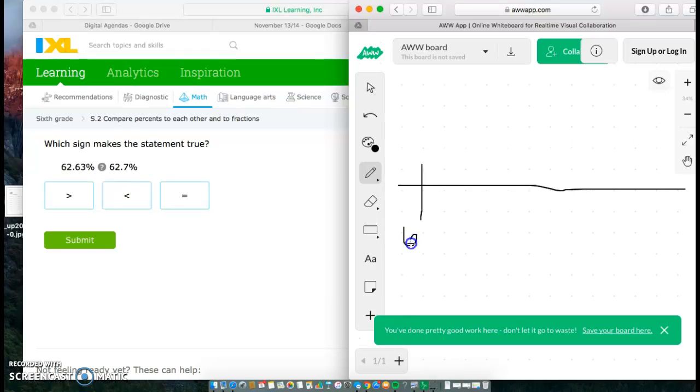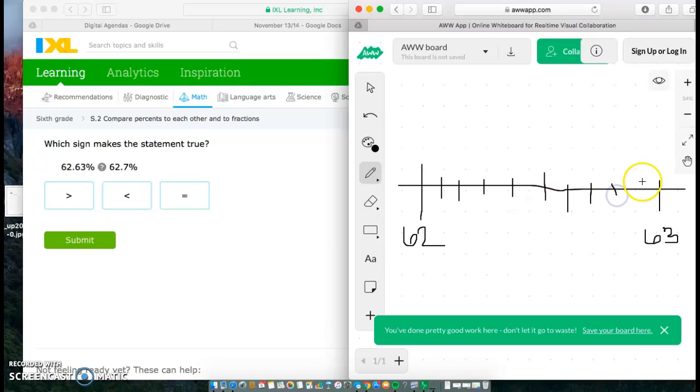So imagine I have 62 here, and I have 63 here on my number line, and of course it extends in each way. Now this number line can be broken down even further into tenths. So 1, 2, 3, 4, 5, and this does not look perfect.